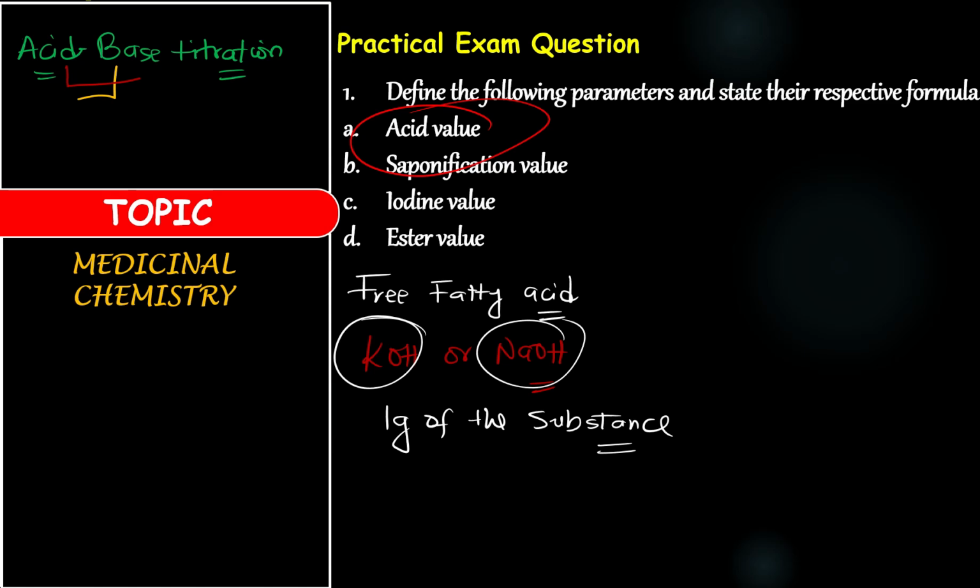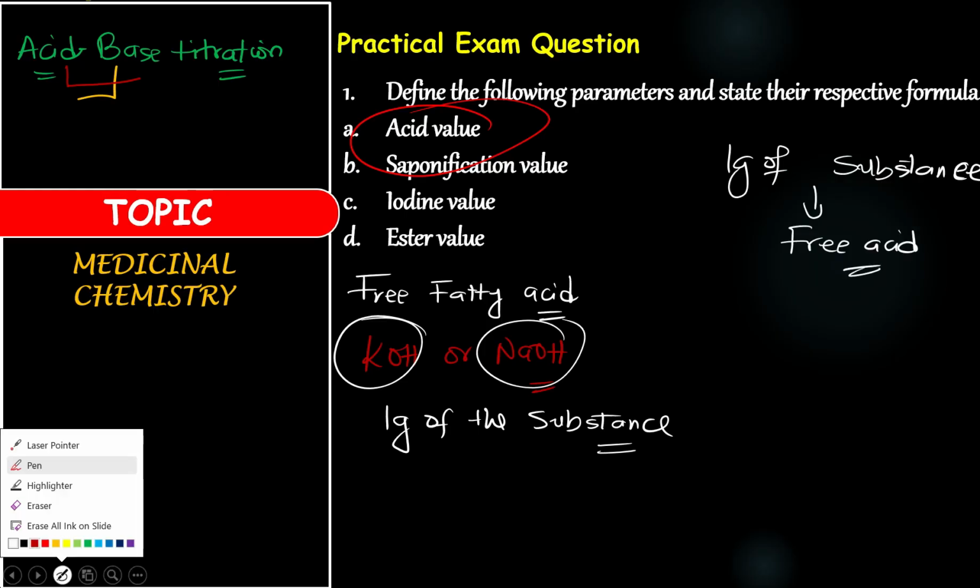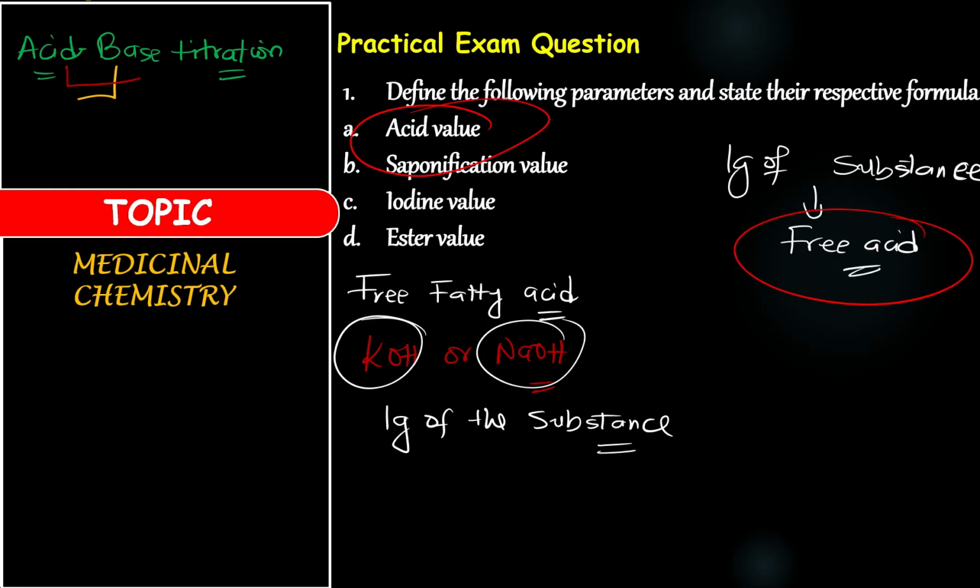Or that is required to neutralize the free fatty acids that are present in 1 gram of a substance. So if you have 1 gram of a particular substance, and of course that substance contains free fatty acid, you want to know the amount of free fatty acid present in this 1 gram of the substance.